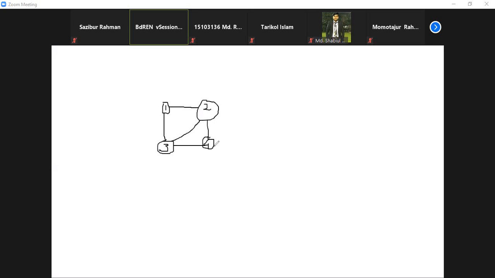Okay. Now, for a simple path, we said that a path is a sequence of nodes connected by some edges. If no node is repeated in its way, then it is known as a simple path. So how is it a simple path?